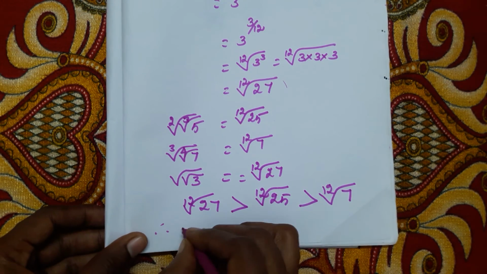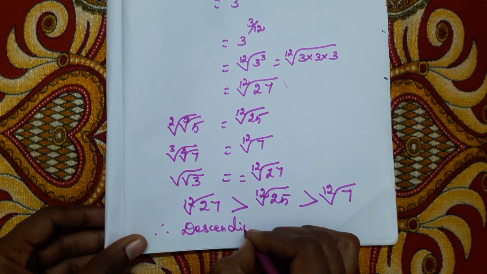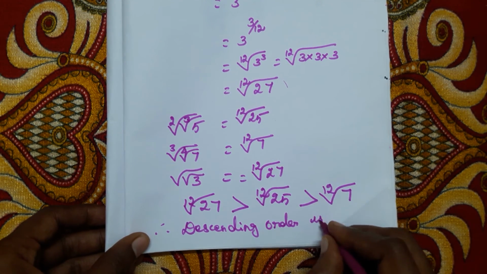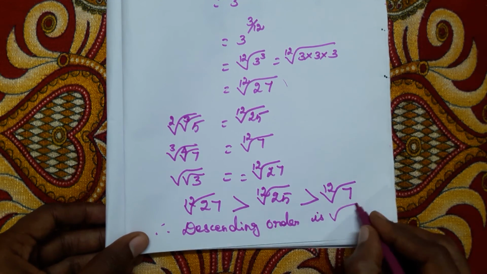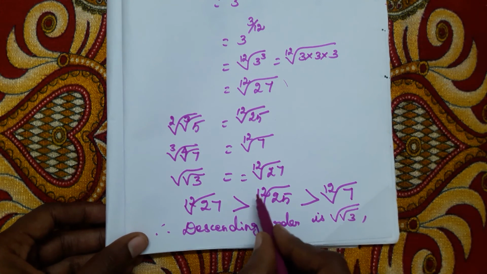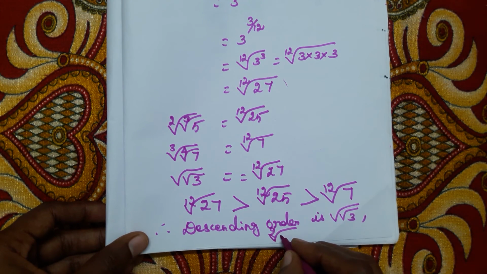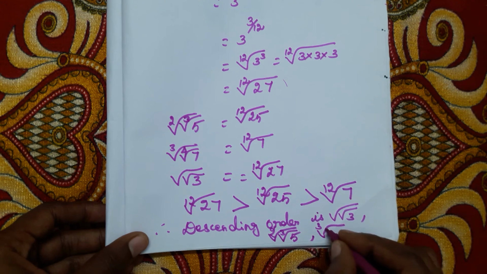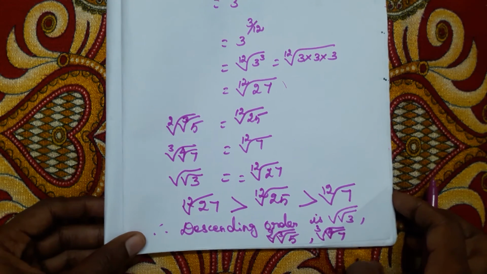Therefore, the descending order is: first, the 12th root of 27, which means the square root of the square root of 3. Next, the 12th root of 25, which means the square root of the cube root of 5. Next, the cube root of the 4th root of 7. Can you understand this? It is the descending order.